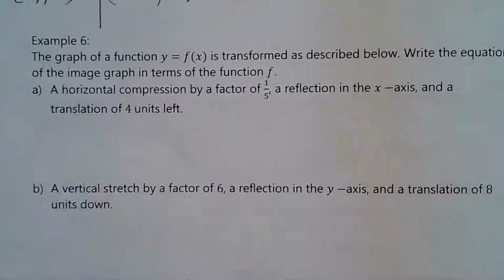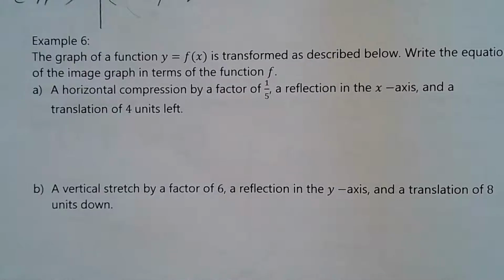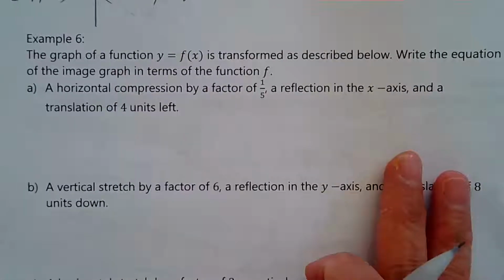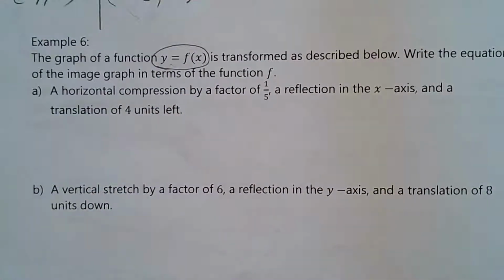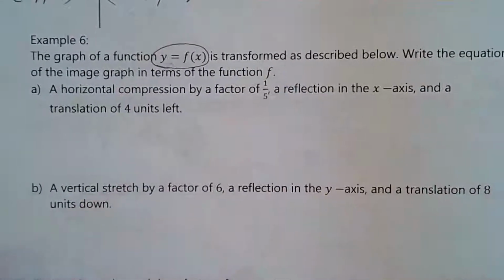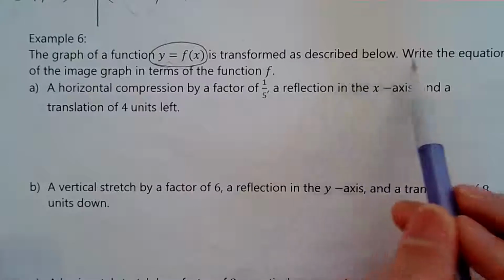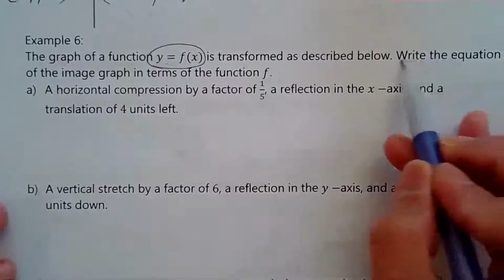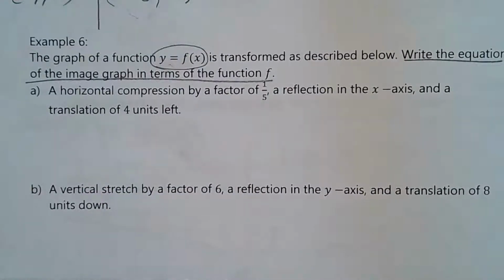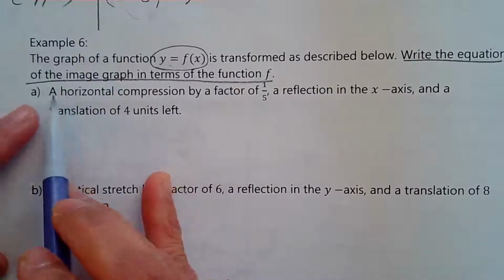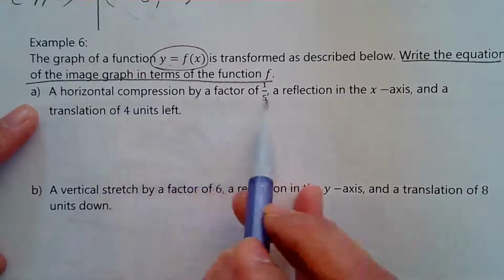Okay, number 6. The graph of the function y equals f of x. Well, we don't know what f of x is. Doesn't matter. But we know it's been transformed as described below. Write the equation of the image. It says here, a horizontal compression by a factor of 1/5.